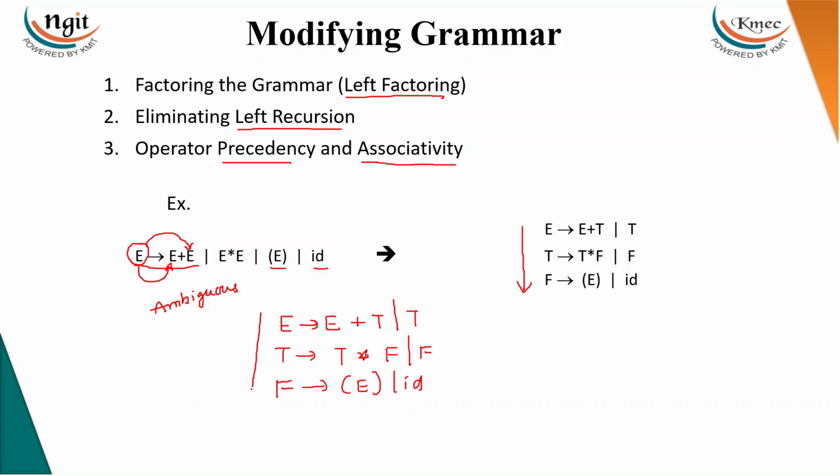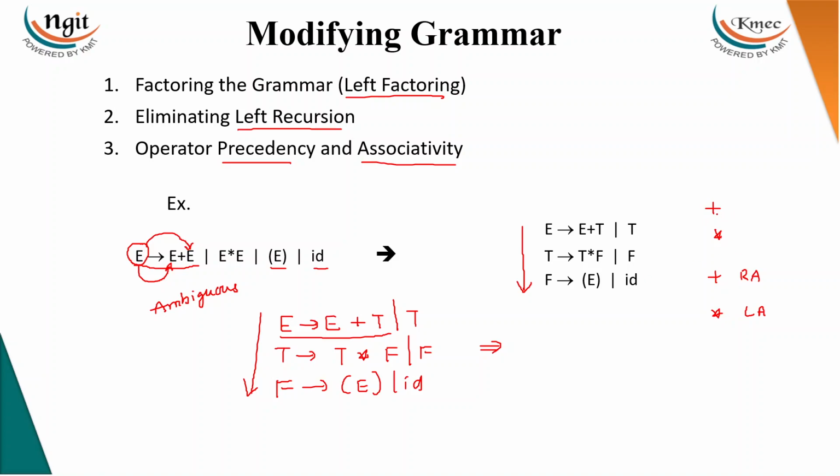Going down, the precedence of the operator increases. Sir, I want to make plus left associative, then you write it accordingly. For example, if you want to give higher precedence to plus, followed by star, with plus right associative and star left associative, then you can do this.